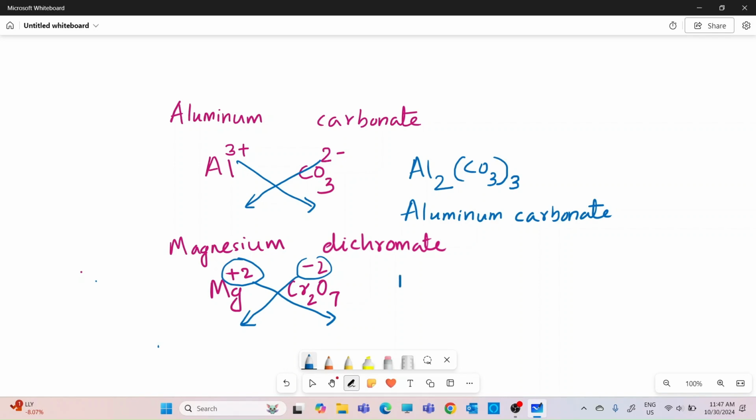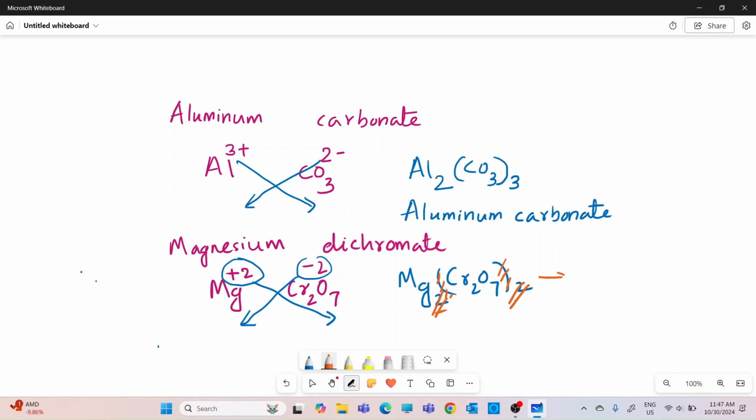So it will be Mg2(Cr2O7)2, but this is not correct. We already learned if we can simplify, we are going to simplify. I would do that before, because I don't need to do this. If it is 1, we don't need the parenthesis either, because there is only one.